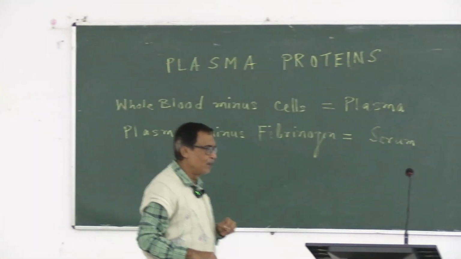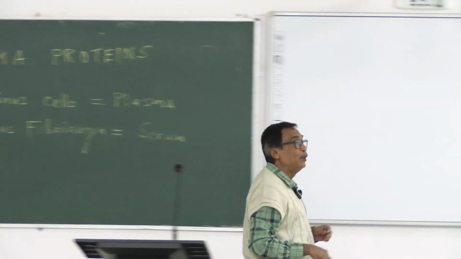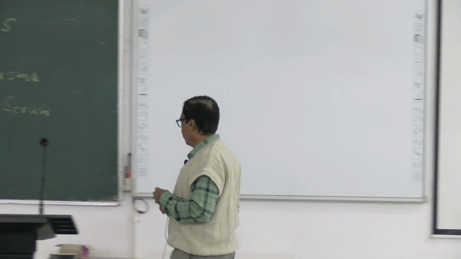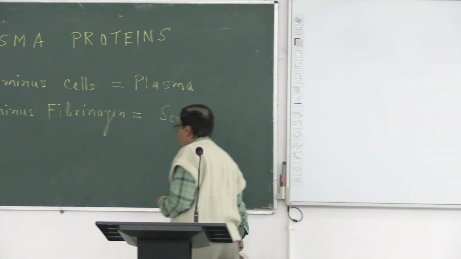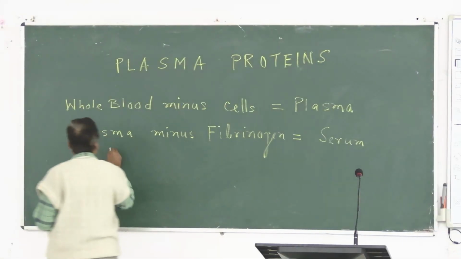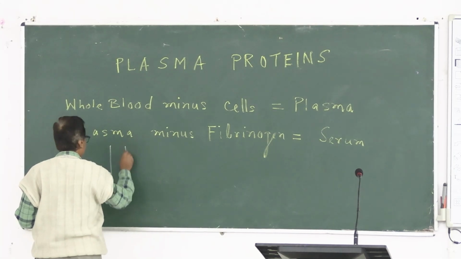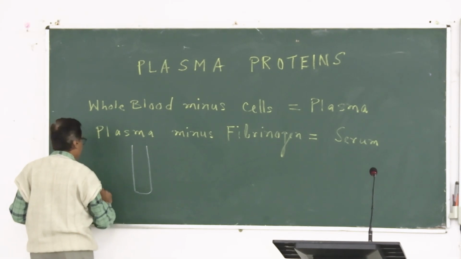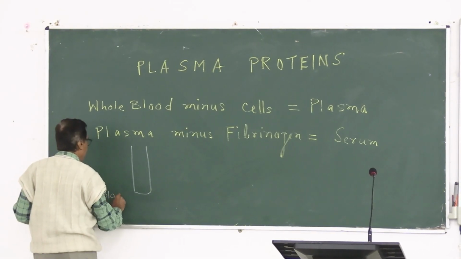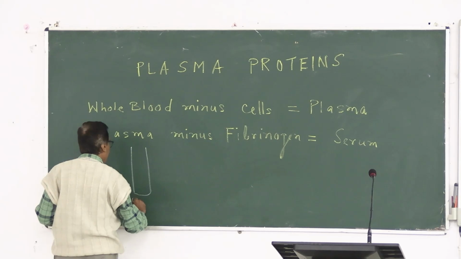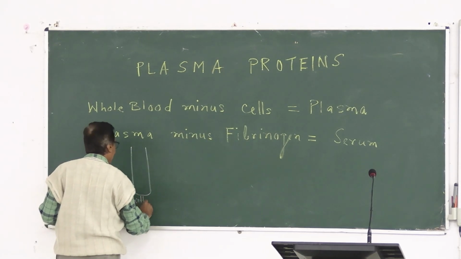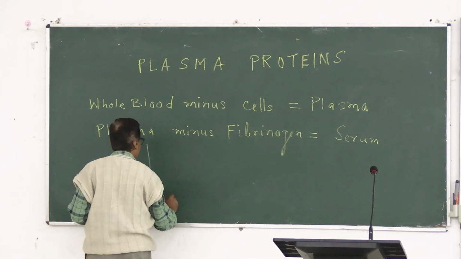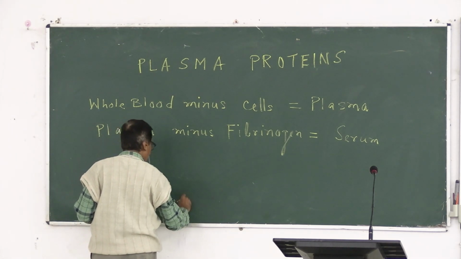Now, how will you get plasma and how will you get serum? You take the whole blood with a substance, an anticoagulant.